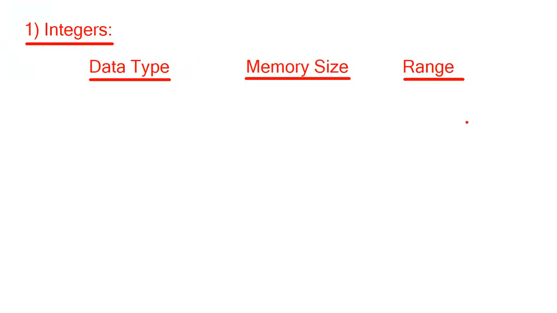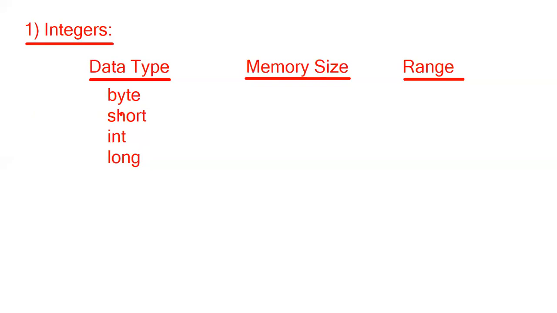Here, byte, short, int, long. 4 data types. First category, integers. In integers, 4 data types are there: byte, short, int, long.